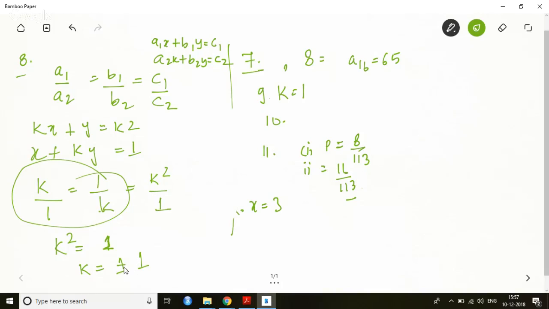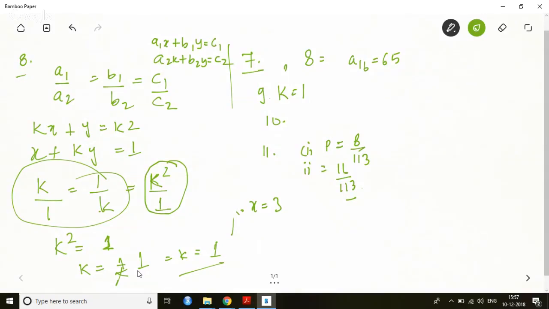You cannot take negative value here, because if you take k negative, this becomes minus 1, this becomes minus 1, but this remains positive because this is k square. So I cannot take this negative value. I will have to take positive value. So k is equal to 1. So this is what question 9 is.